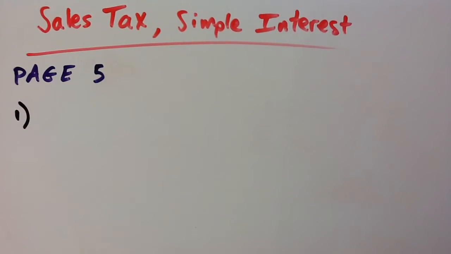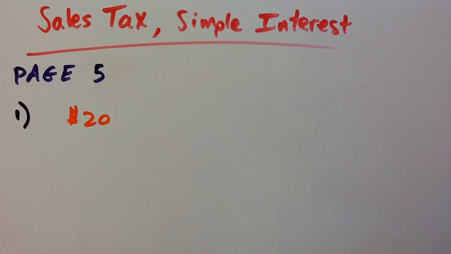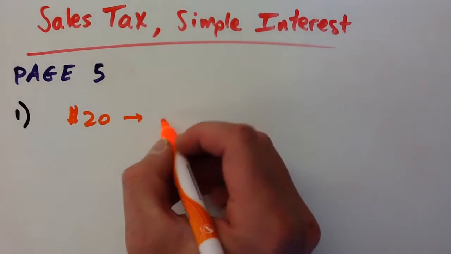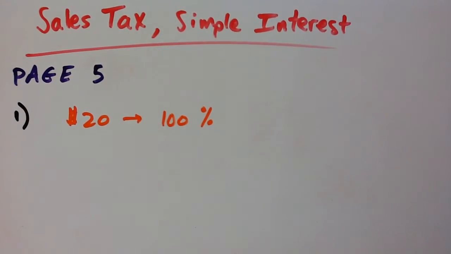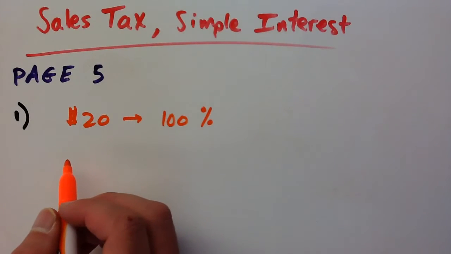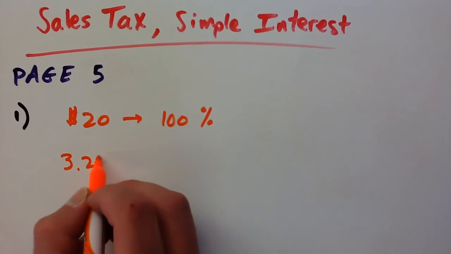Okay, his shirt is $20, so that's what we're going to start with, $20. And what percent would represent all of this cost? Well, that would be 100%, right? If you pay the total cost, that's 100% all of the cost. Plus, you're paying tax. And how much is tax in city A? In city A, the tax is 3.2%.